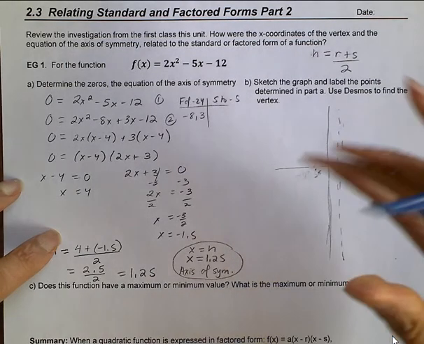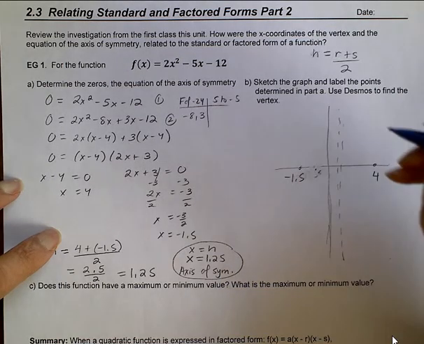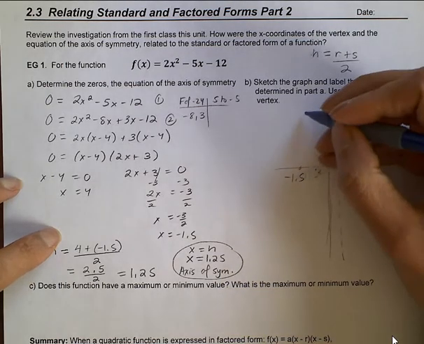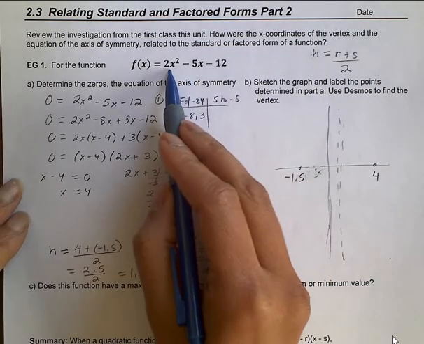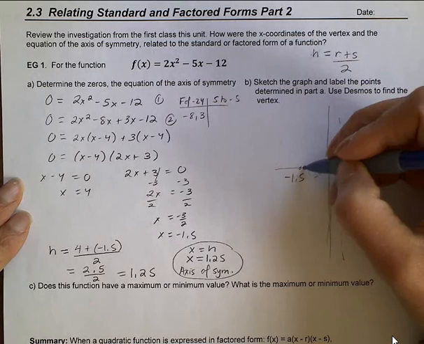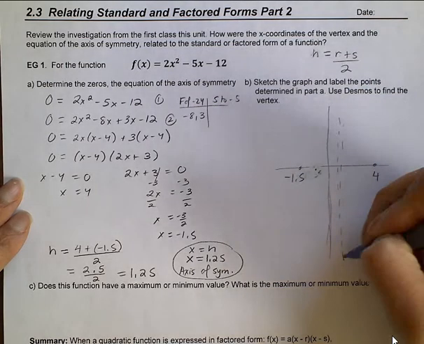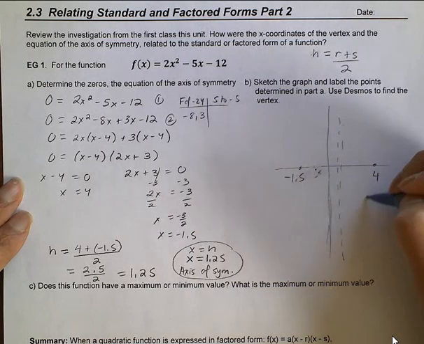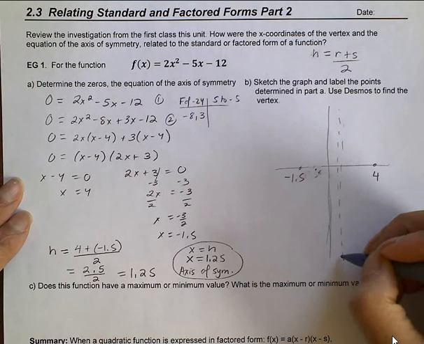My scale seems off. It is just a sketch. Okay, that looks a little bit better. So what I know is that my parabola opens up because my a value is 2. And I know that it's going to go between -1.5 and 4. But what I don't know is how low to draw that vertex, right? The axis of symmetry has to be in the middle of the two, so it's somewhere along here.